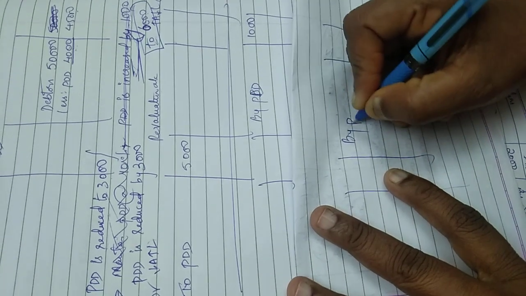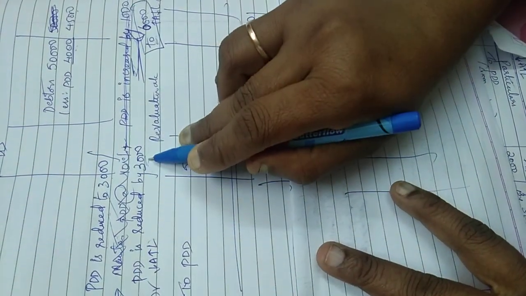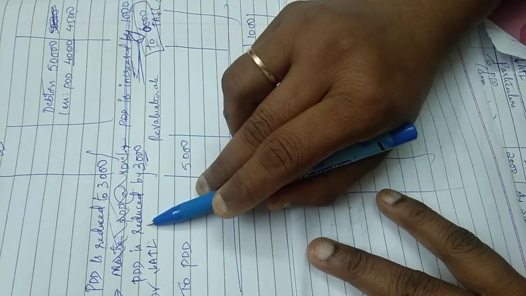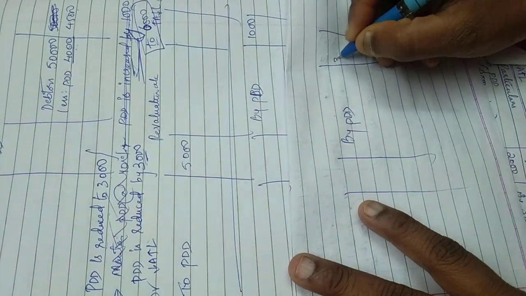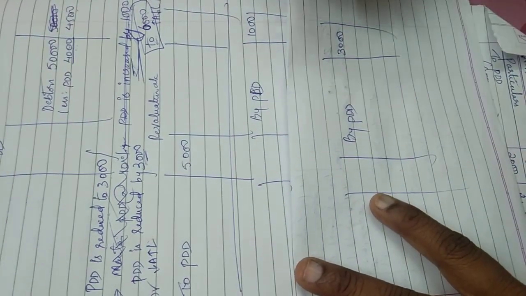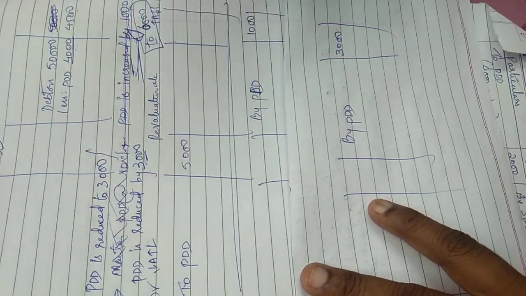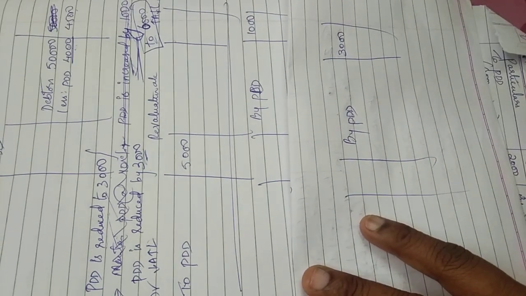So you will write by PDD. But how much is it reduced? It is reduced by 3,000. That means in the piggy box there was 4,000, and now they want it to be reduced by 3,000. So you will write 3,000. Understand, "by" means that is the amount by which you have to reduce or increase. "To" means that's the final amount. Okay. So you will do it this way.